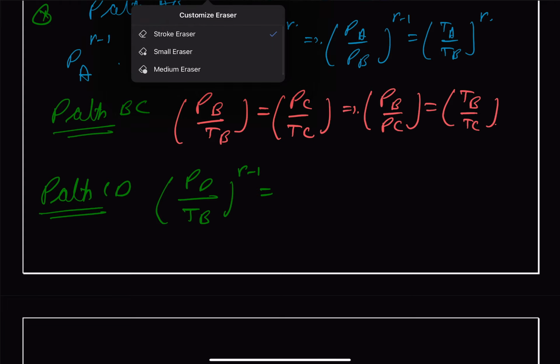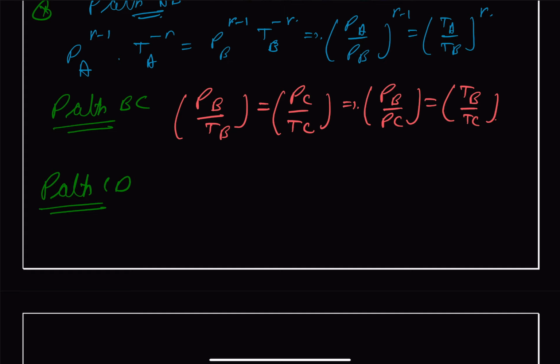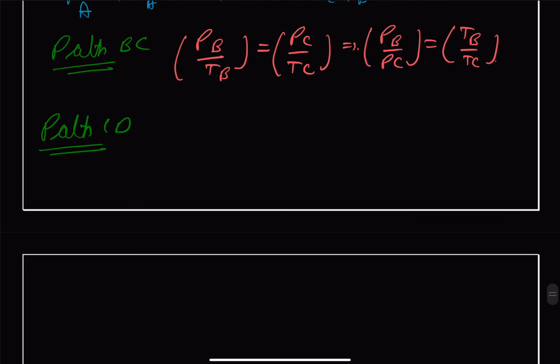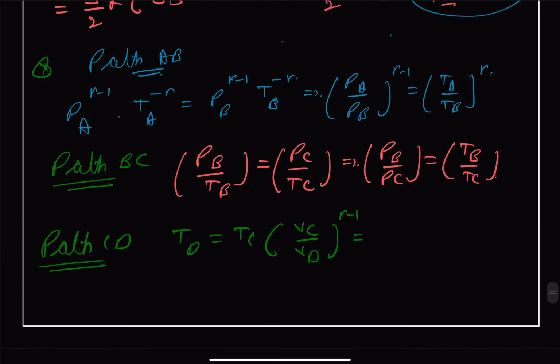Path CD, sorry, we can write that TD will be equal to TC times VC upon VD to the power gamma minus 1, which gives us that VC by something missing.